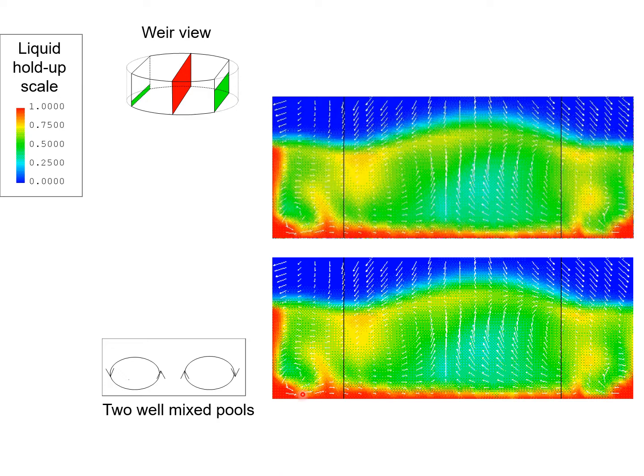Now examine the velocity vectors. We see that the velocity vectors are directed upwards and then downwards, indicating this kind of a circular motion.